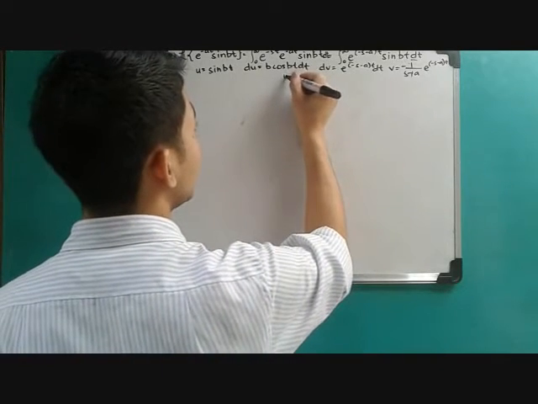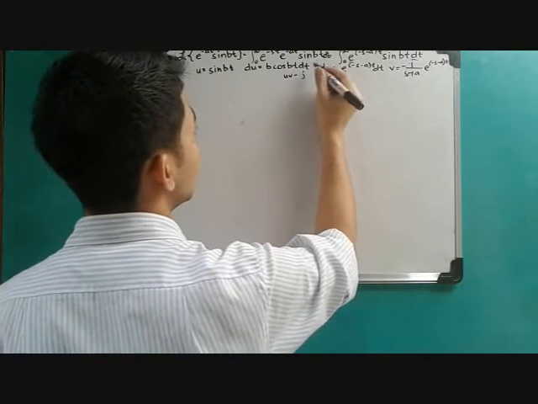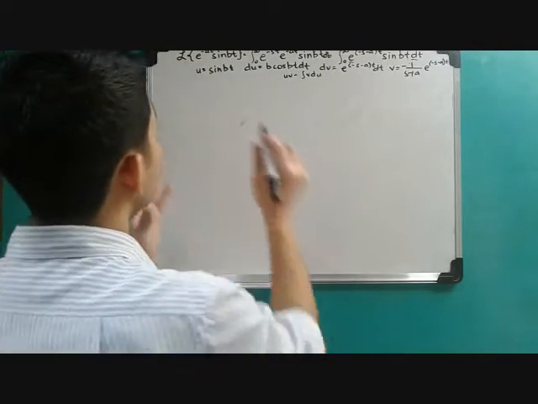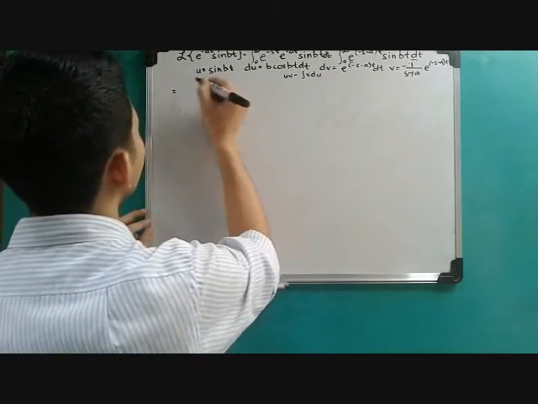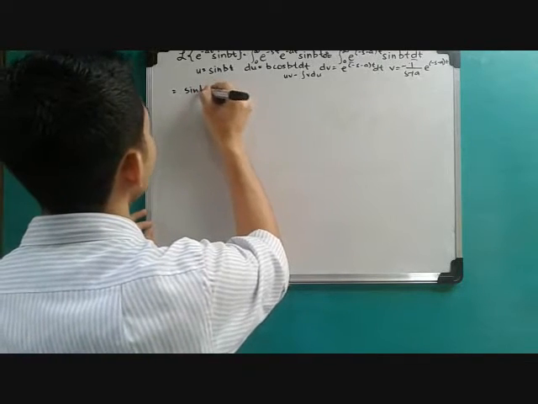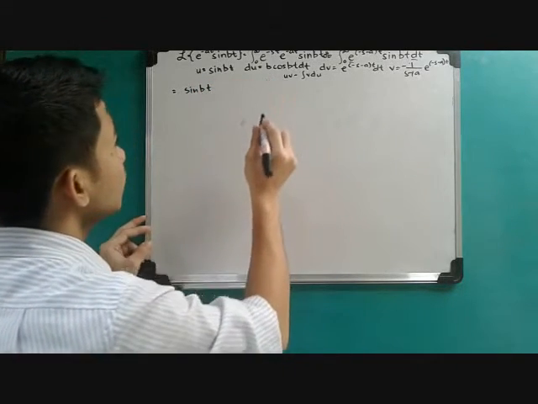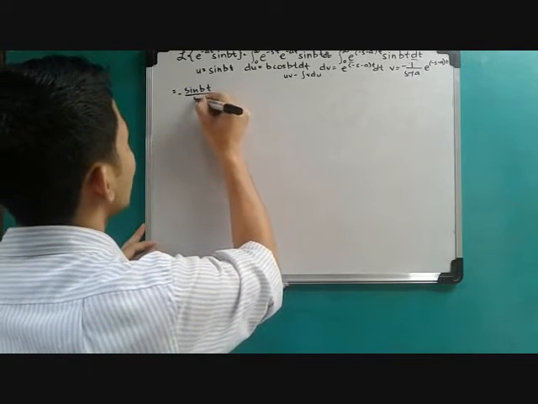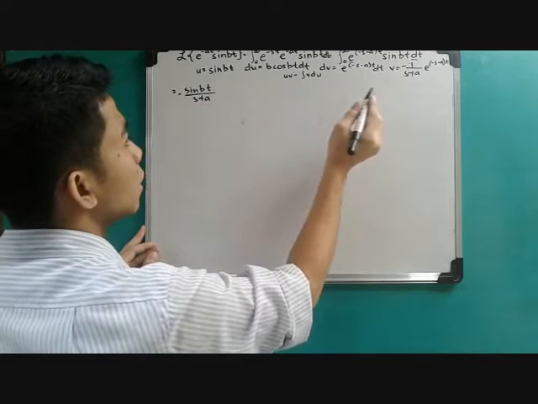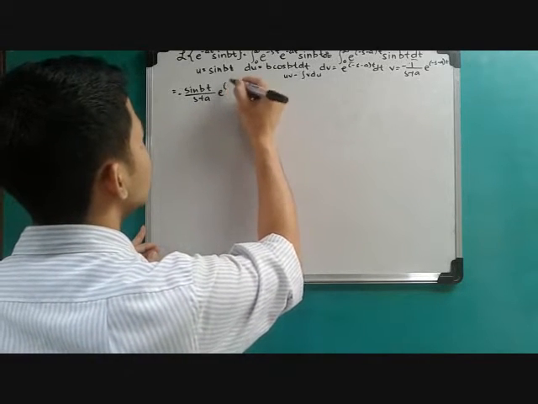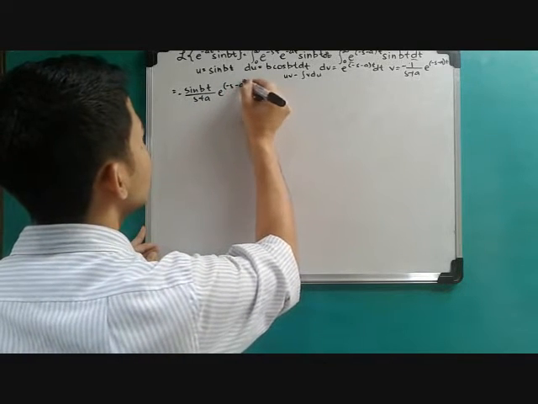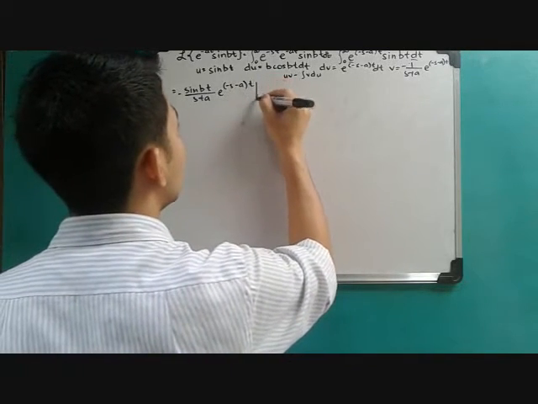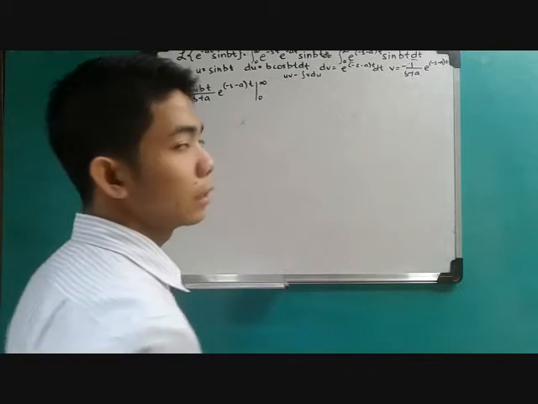Substituting it to this equation, uv minus integration of v du. So your u is equal to sine bt and your v is equal to negative 1 over s plus a times e raised to the quantity negative s minus a times t, and the limits are from 0 to infinity.